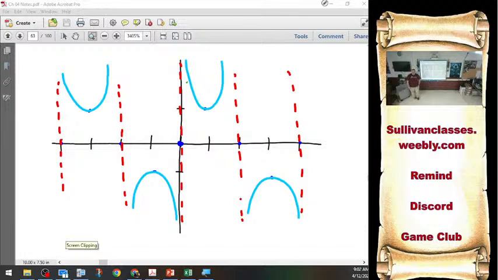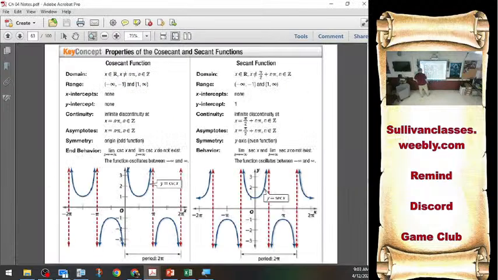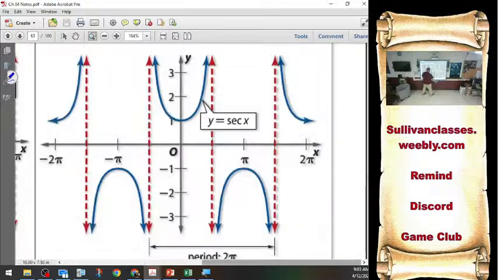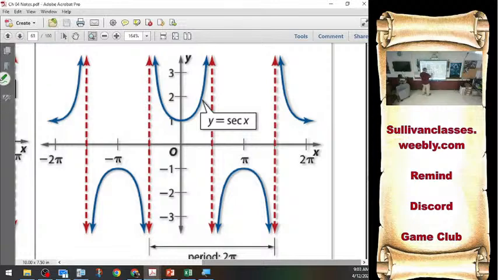You're going to find all of those points, all of those yellow dots, the exact same way you were doing in section 4.4. Same thing for cosine. You're going to find the phase shift, the period, a quarter of the period, make all the quarter marks, and then say cosine starts at a maximum.